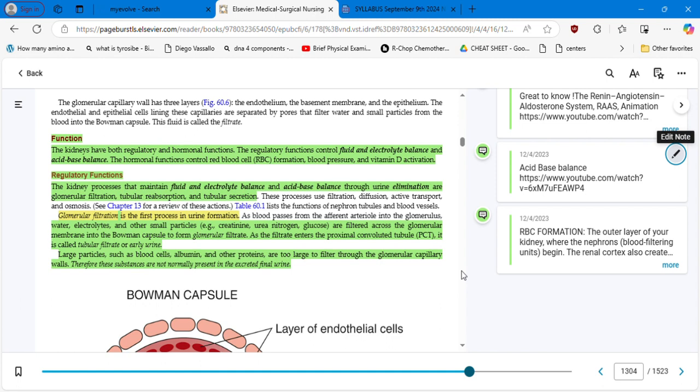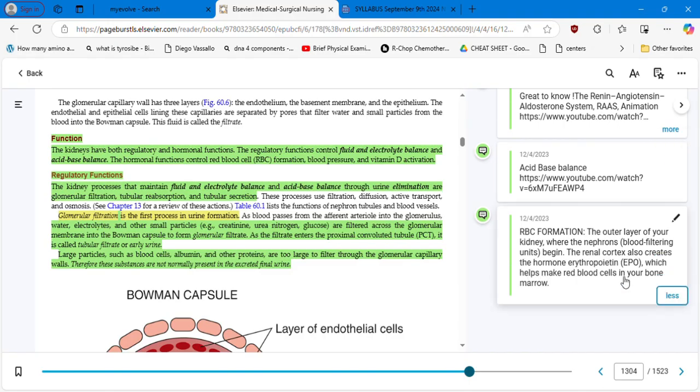As the filtrate enters the proximal convoluted tubule, it's called tubular filtrate or early urine. Large particles such as blood cells, albumin, and other proteins are too large to filter through the glomerular capillary walls. Therefore, these substances are not normally present in the final urine.